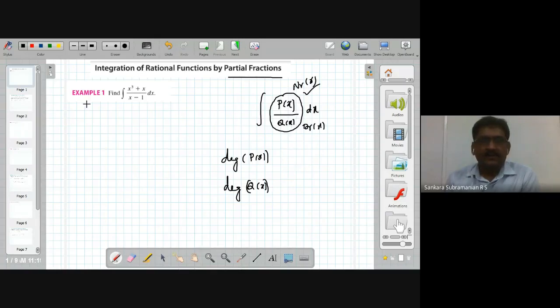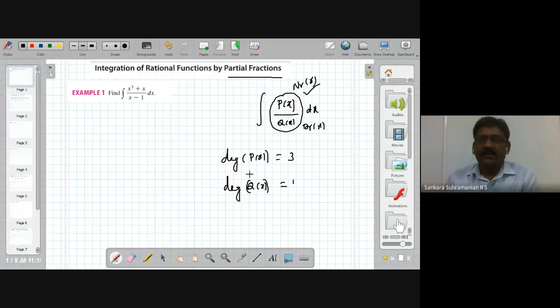If you see example number 1, in the integrand you have p of x as x cubed plus x in the numerator, which has degree 3 because x claims the largest power. If there is a constant term, you can say the degree is 0. Here the maximum is 3, therefore the degree is 3. In the denominator, this is a linear expression because x has degree 1, and this is a constant term with degree 0, so the maximum degree is 1.